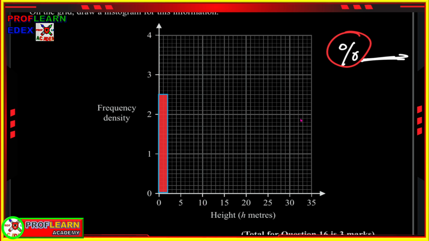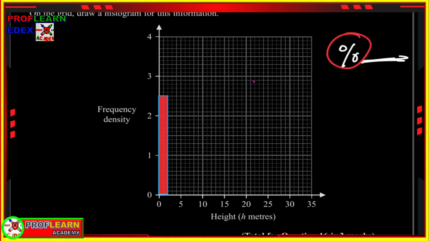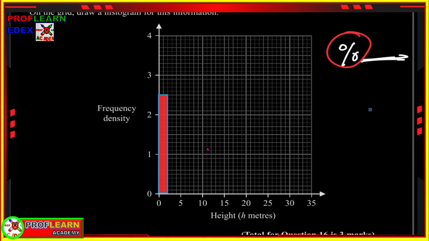The next one is what? 2 to 5. Frequency density is 4.